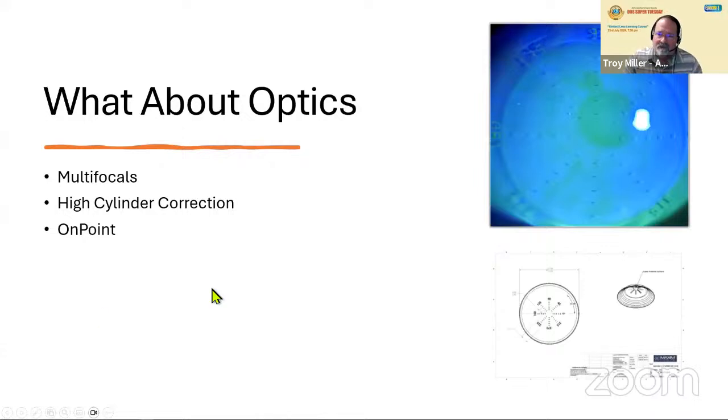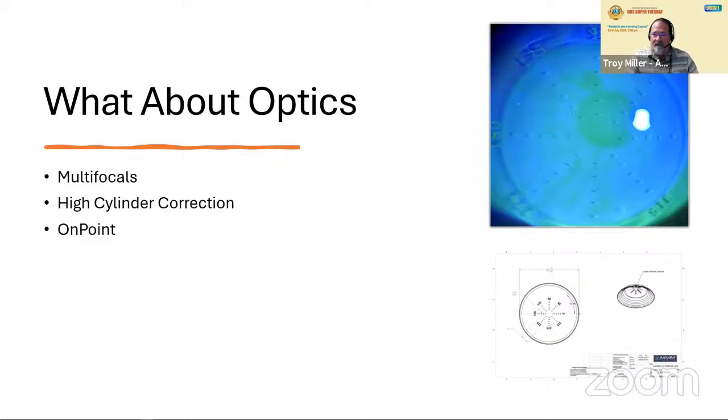Another big thing with scleral lenses is the capability of providing the best optical correction. The scleral lens platform, as I like to call it, is the most stable provided in a contact lens modality. Utilizing multifocals is easier on this type of platform. High cylinder correction is easier. Aligning that with the eye is much easier.